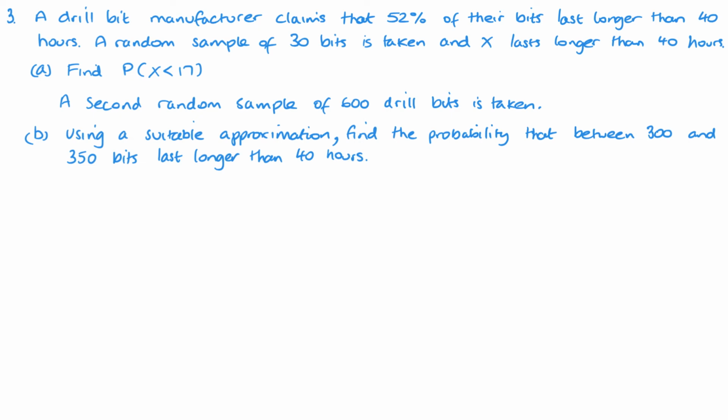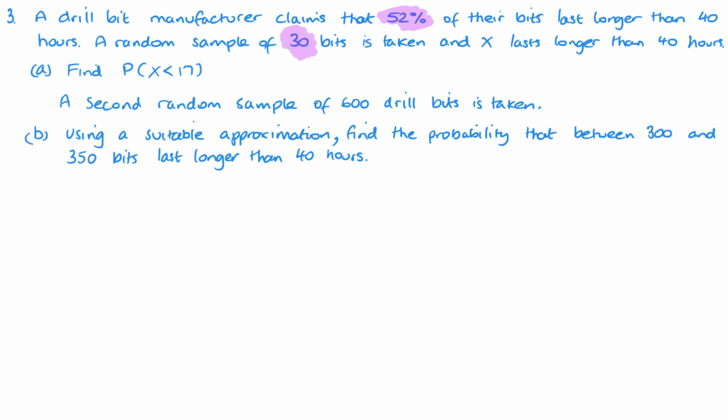Now if I read the question here, it's about first initially trying to work out whether this is Poisson or binomial. As in your S2 exam, that is what your choice is going to come down to. We can see here that we've got this percentage. 40 hours is not that important right this second, and a random sample of 30 bits. So that's our n.